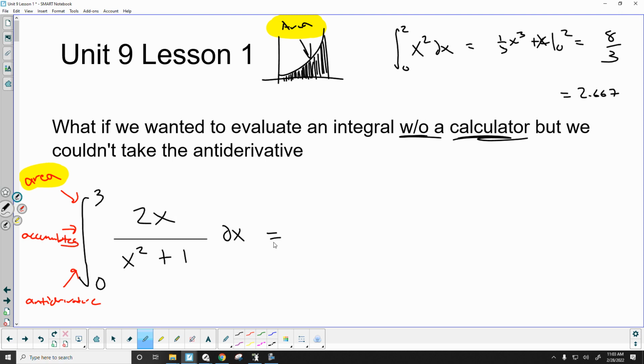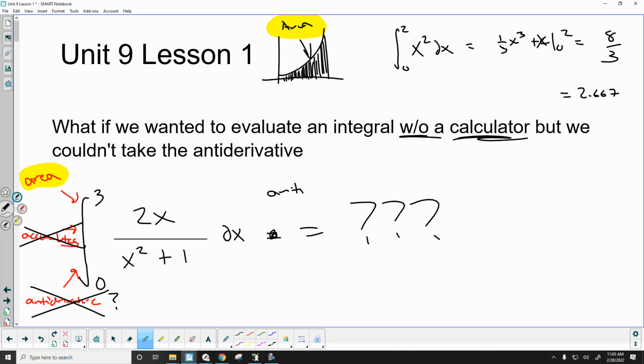Don't look at it anymore. So, you would try to take the antiderivative, but I don't know what the antiderivative is. I don't have my calculator, so I can't accumulate. So what this equals, I have no idea right now.